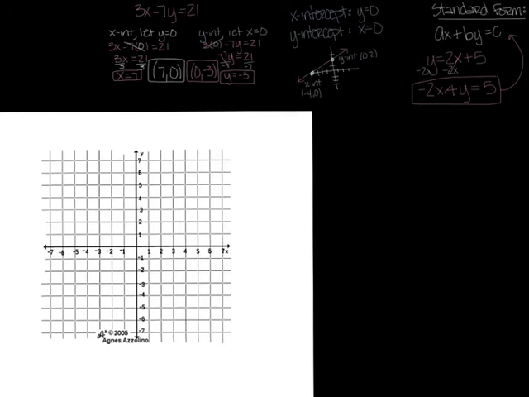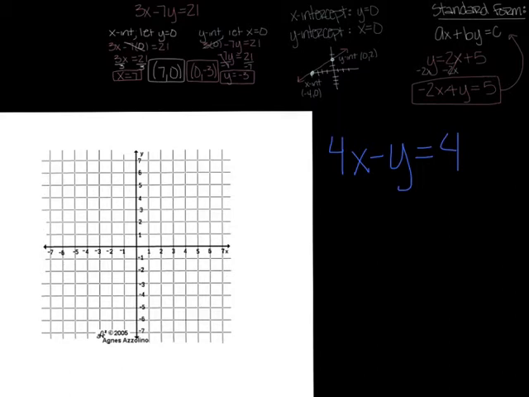Let's make these colors a little bit darker so they'll be easier to see on the white. Okay, so what if we had this statement here, 4x minus y equals 4. We need to find the x and y intercepts and then graph that line using those intercepts.